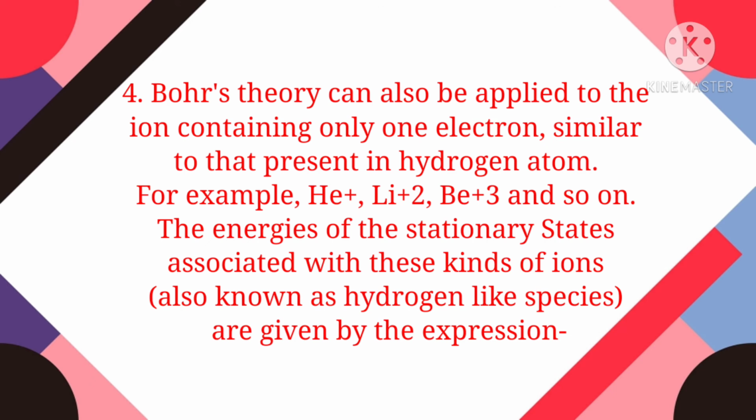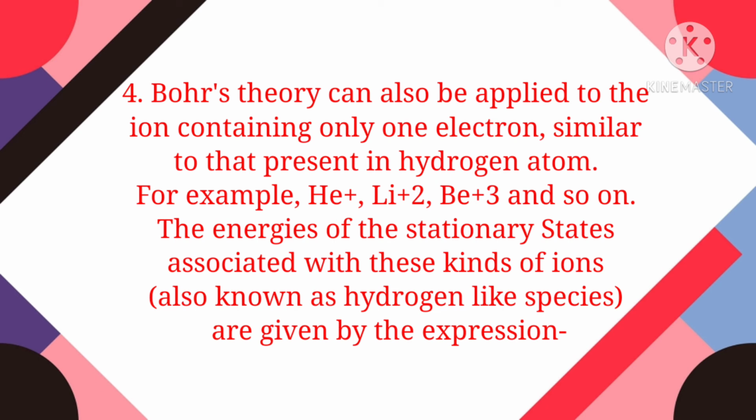Fourth point is Bohr's theory can also be applied to the ions containing only one electron, similar to that present in the hydrogen atom, like for example helium ion, lithium ion, beryllium ion, and so on.